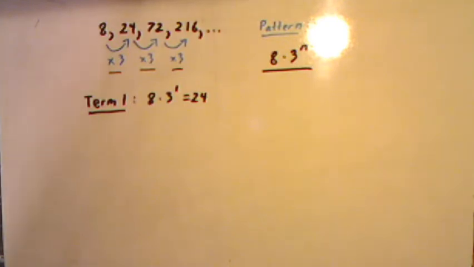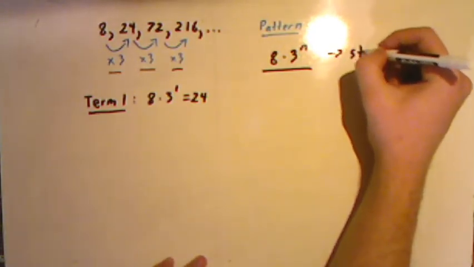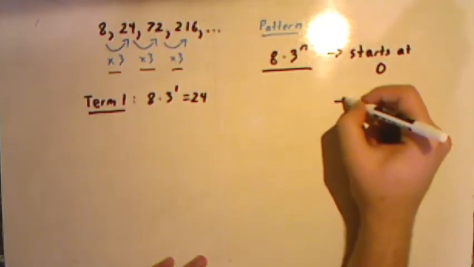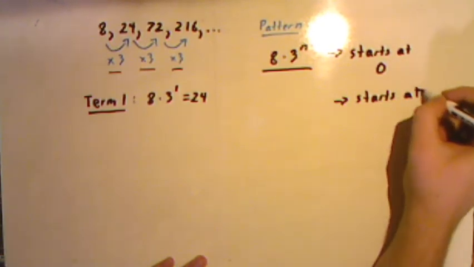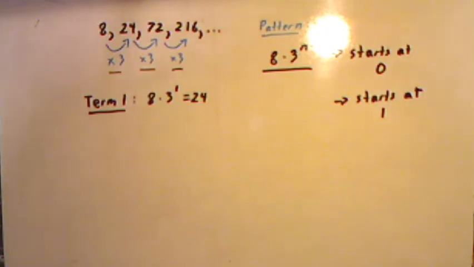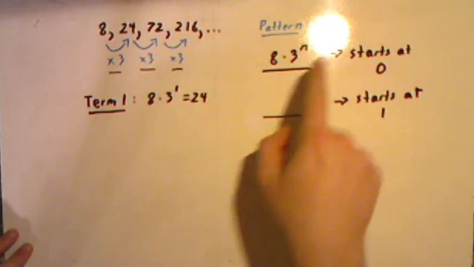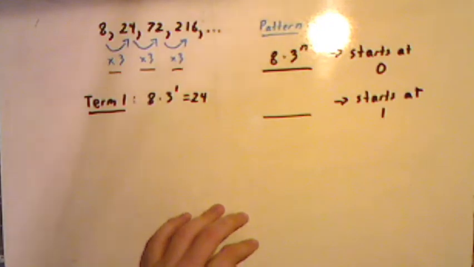For right now, our main focus is just understanding both of these formulas, the one where it starts at 0 and a formula we are going to see that actually starts at 1. So for our formula that's supposed to start at 1, we have to basically set it so that when we plug in for n, where we are not changing n at all, we end up with our value of 8.